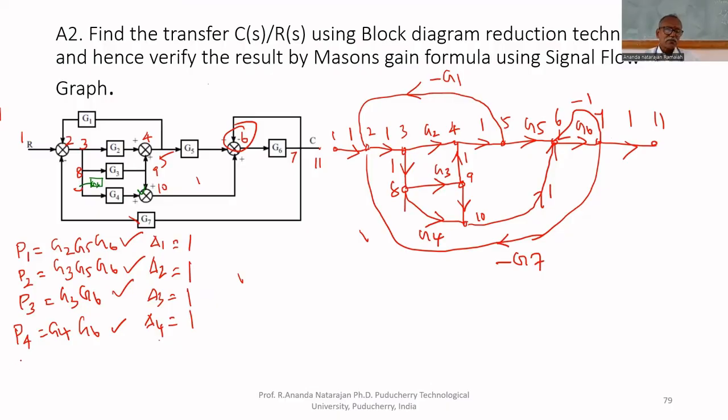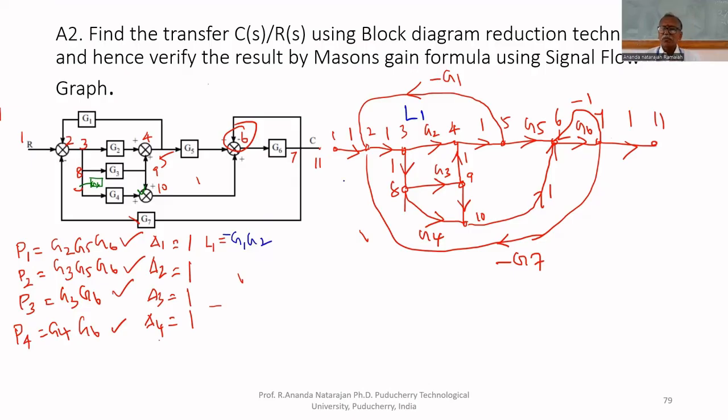Now we have to find delta. Delta equal to the denominator of the transfer function. To find delta, we have to find all loops. L1 equal to what? First loop. This is loop 1. What is that loop? Minus G1, G2.